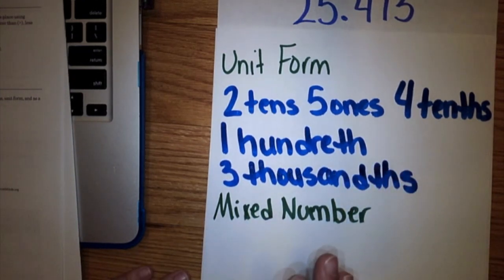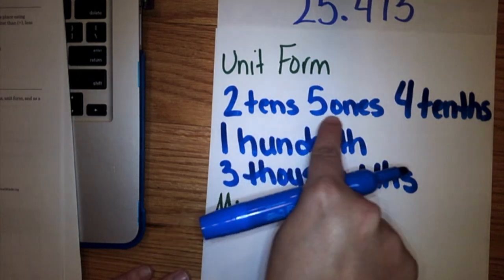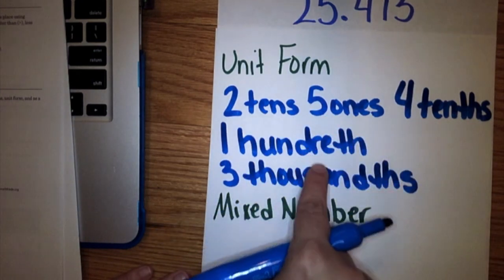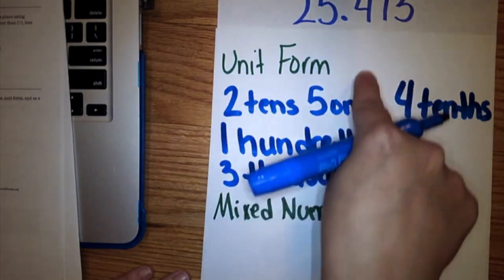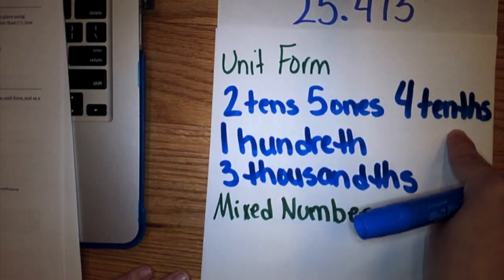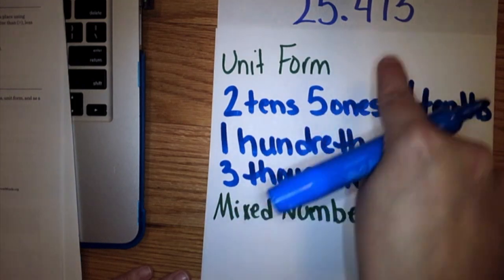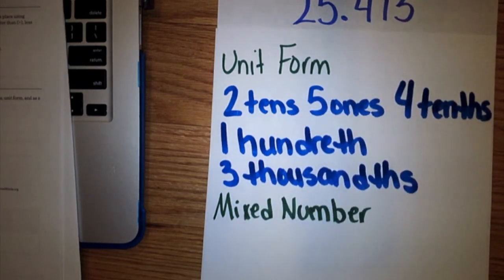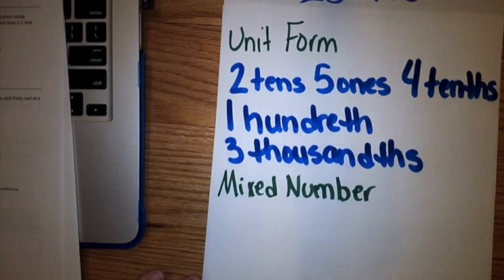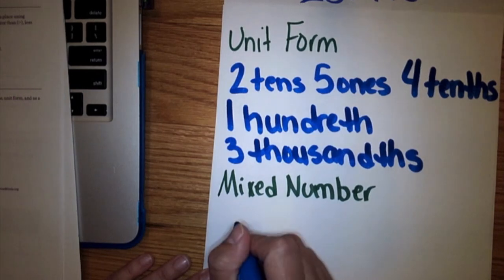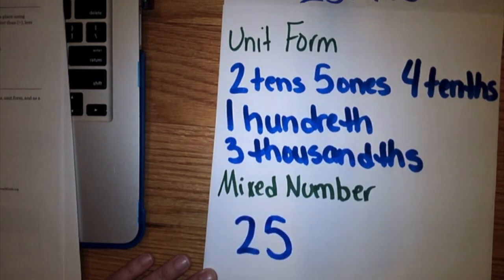So now it's sort of a mix of digits and numbers. You're looking at what place these numbers are in. They're 2 in the tens, 5 in the ones, 4 in the tenths, 1 in the hundredths, 3 in the thousandths. And we can write this number as a mixed number, which means we're going to mix whole numbers and fractions. We know that our whole number is 25.